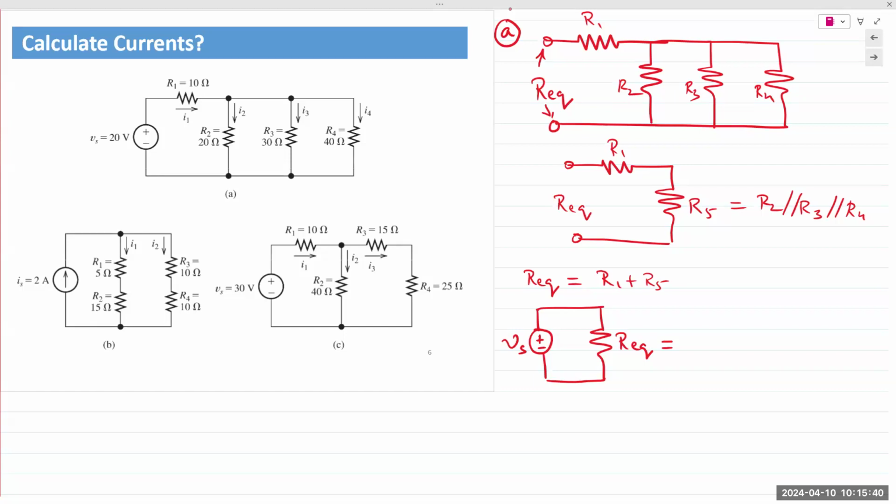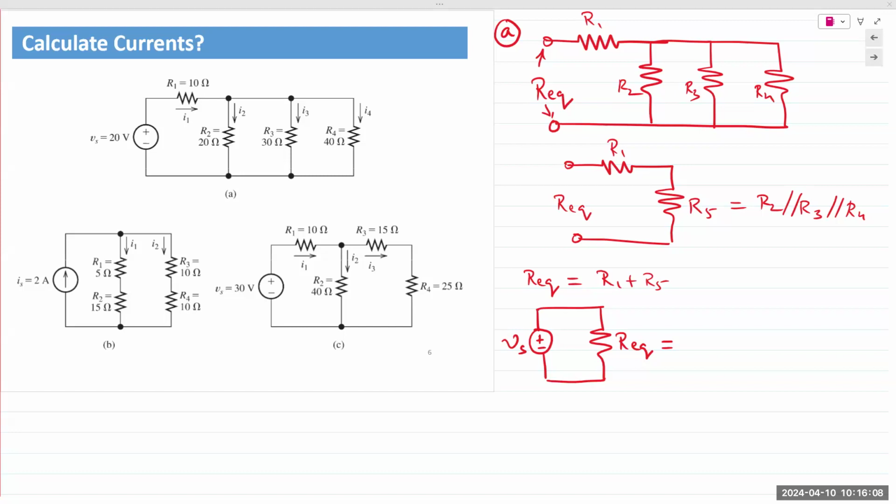What do we have as the parallel combination?